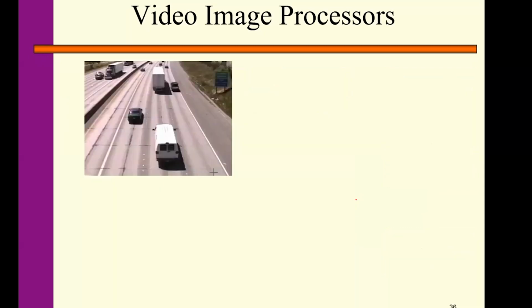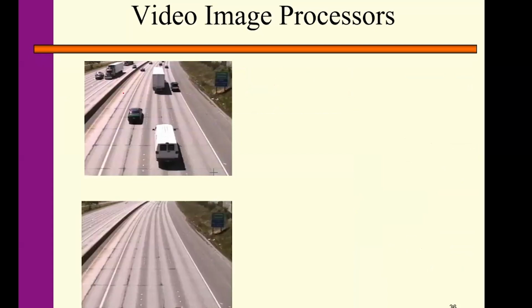When we use the video image processor, we want to compare the foreground and background. We get the multiple image stream, sequential images, and then we get rid of the vehicles and get a high quality background image.